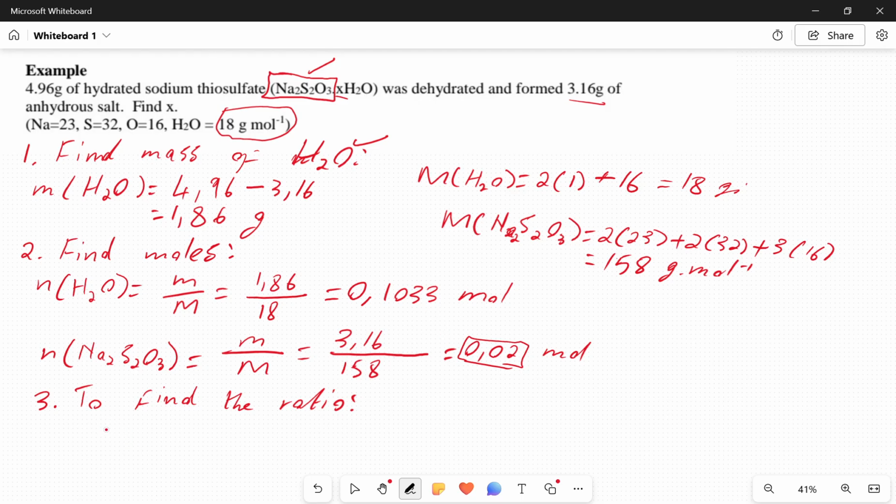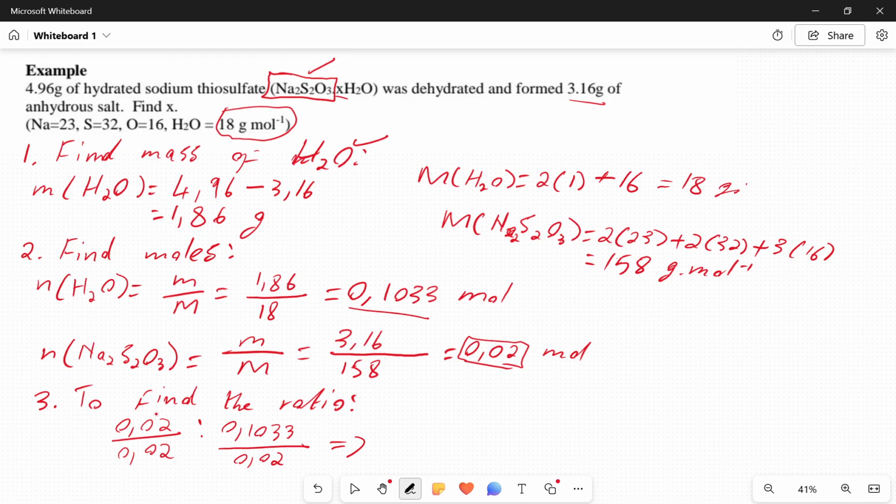I'll say 0, firstly I start with this one, 0,02 divided by itself, because remember I said I'm dividing both of these numbers by the smallest number, which is this one, and then I'll write this as a ratio. 0,02 over 0,02 is to the big number now, which is 0,1033 divided by the small number, which is 0,02, and then from here I'm going to have my ratio.